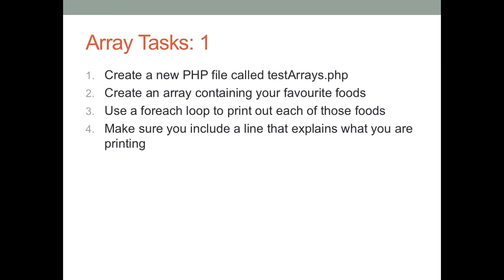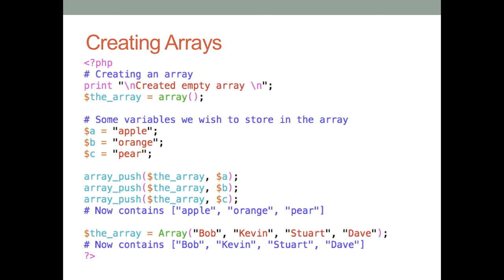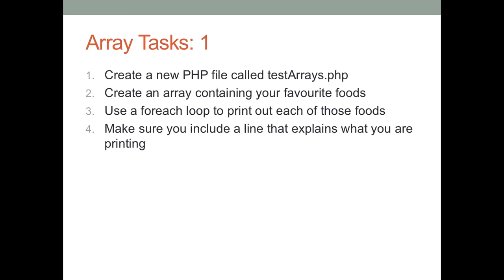So that is what you are going to do. To start with, you're going to create a new sample PHP file. It doesn't need to have any fancy HTML, just call it testarrays.php, and create an array using one of these methods that contains your favourite foods, and then use a foreach loop to print out all of those foods.